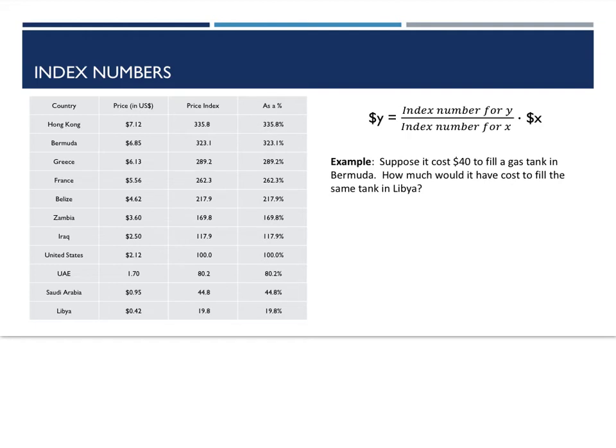So this time I'm in Bermuda and it cost me $40 to fill a tank. $40 is my money, so it goes on the end. That $40 tank is in Bermuda. So I go to Bermuda, don't want that, need the price index, it goes on the bottom. Where do I want to fill it up?